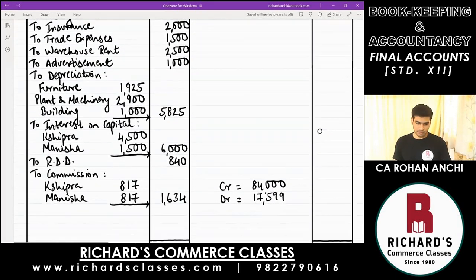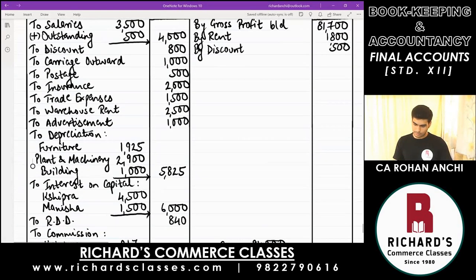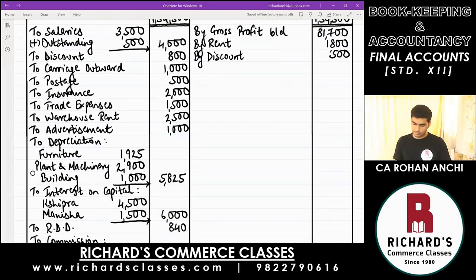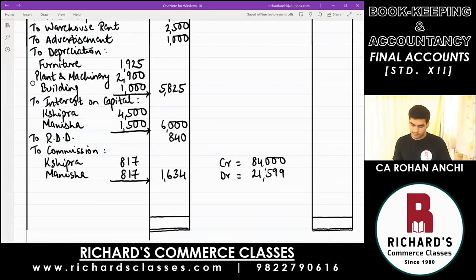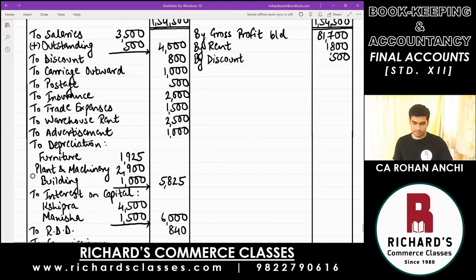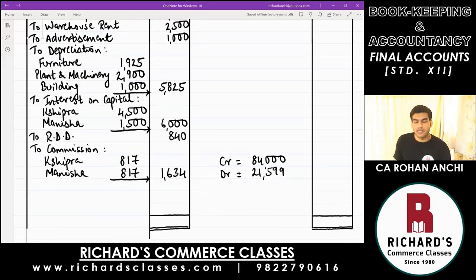So it's 21,599. Yes, sir. Check everyone. Credit side is definitely 84,000. It's 27,599. Three different answers I'm getting.